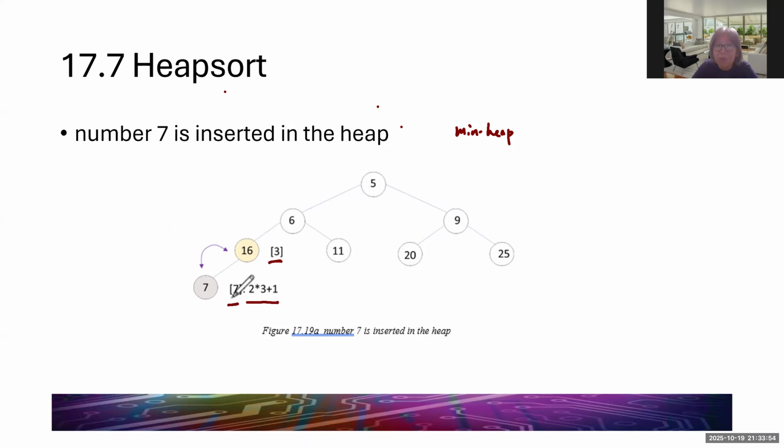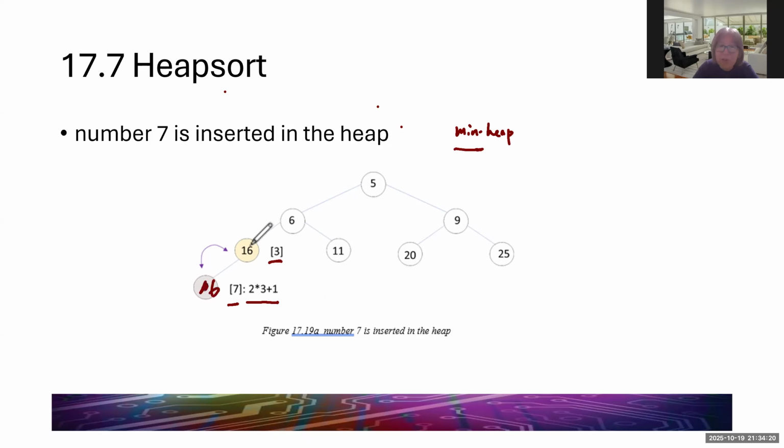so it should be at index 7. But after we insert it as a leaf node, we also need to maintain the min heap. So for each node, its subtree, the parent should be the minimum value. But if we compare, this doesn't meet the condition, so we need to swap those.